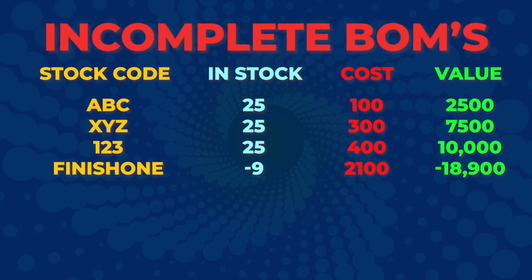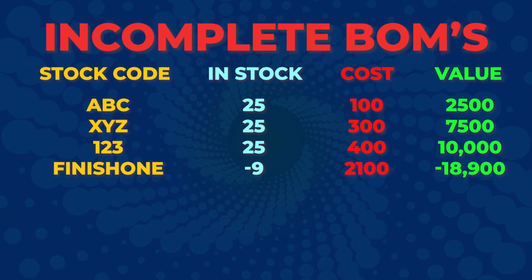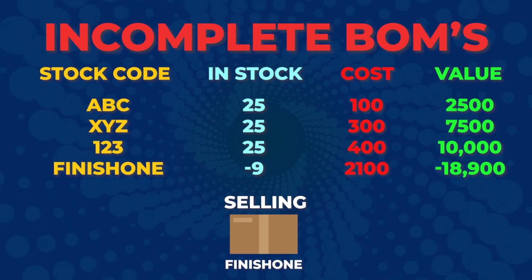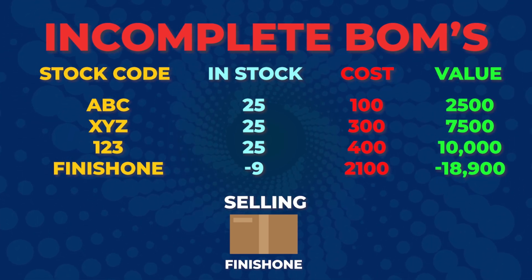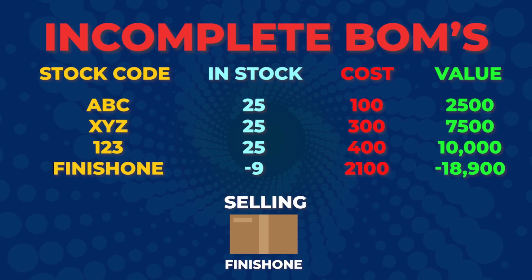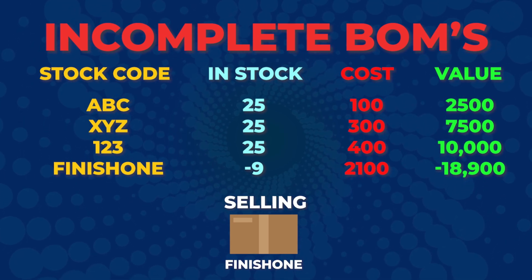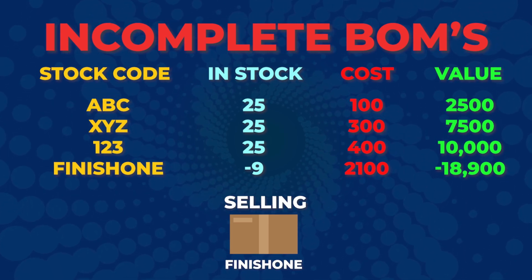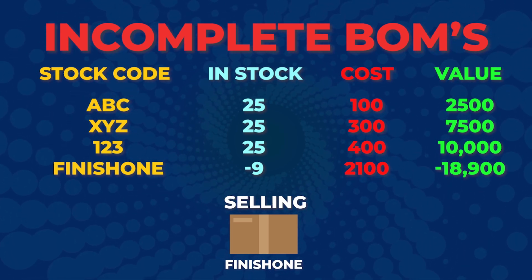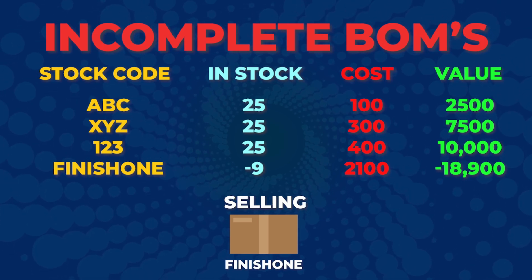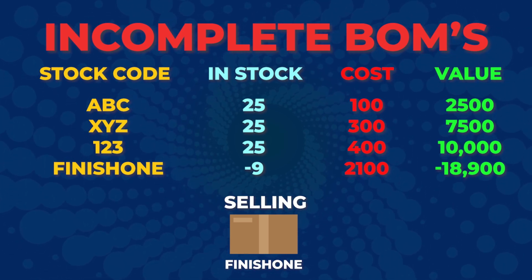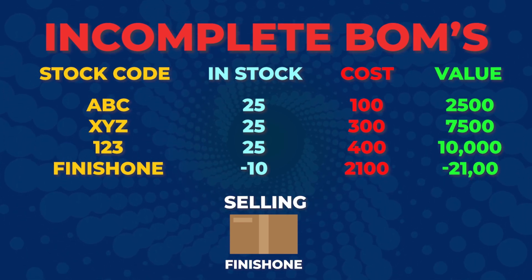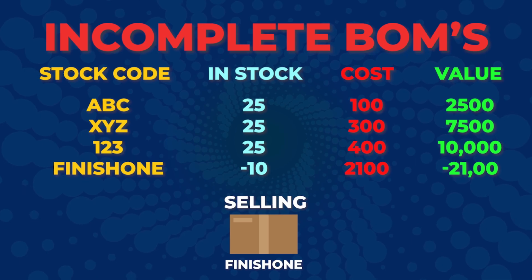If we use our example again of the finish 1 stock item, this being the item we're selling, this is the item we're manufacturing. What you will see if you look at the stock item of finish 1 is a negative number, and potentially a massive negative number depending on how many you've sold, because the ERP system will reduce the system down by 1 each time you sell the item, but it isn't adding back the 1 for every time you manufacture it.